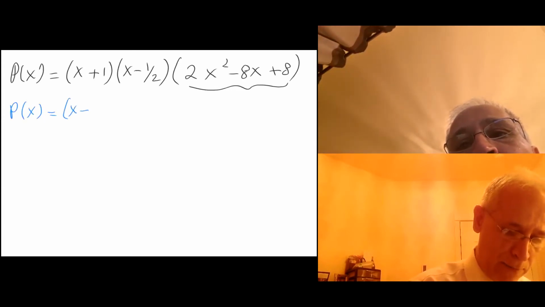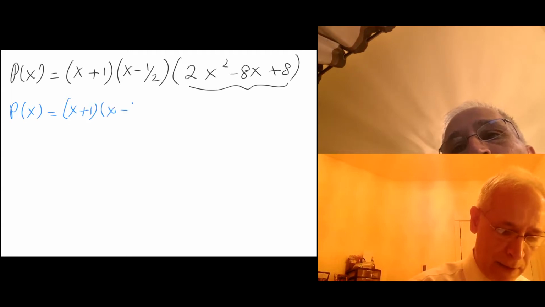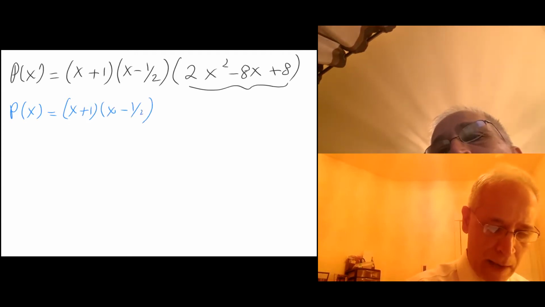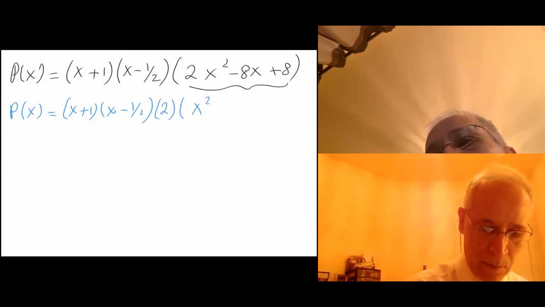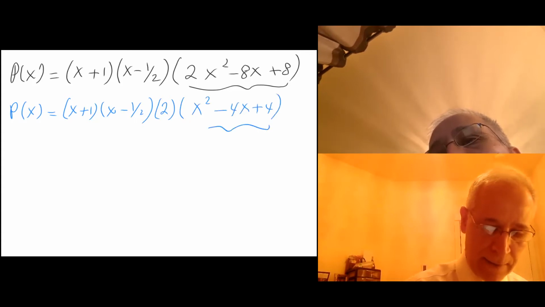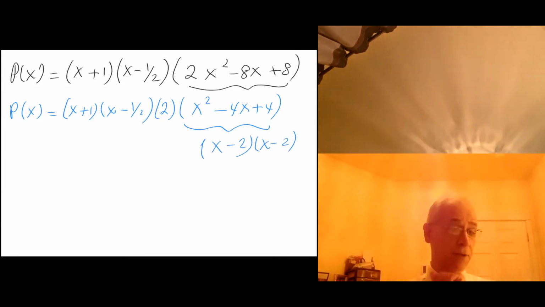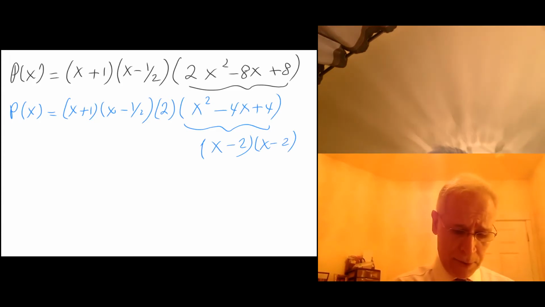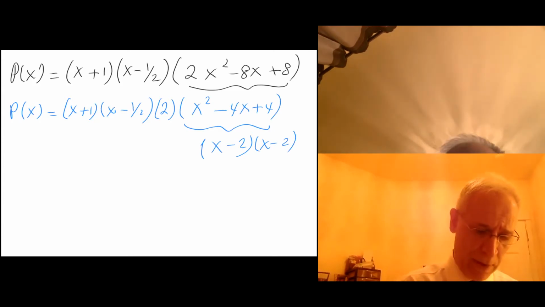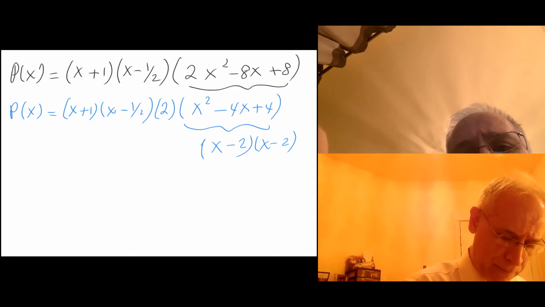Watch this. Here's how I would factor it. Here's my x plus 1. Here's x minus 1/2. I will pull out a 2, and so I would have x squared minus 4x plus 4, and this I can factor to x minus 2, x minus 2. So now I can rewrite my p of x.